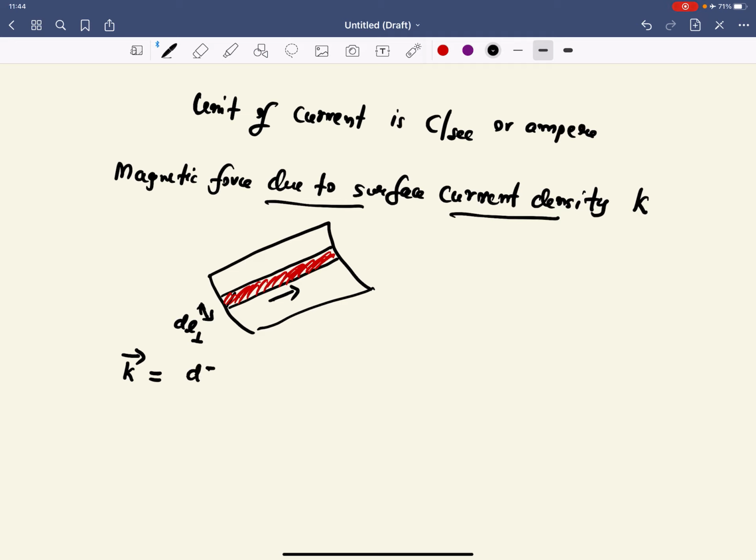This is nothing but di divided by the elemental length perpendicular to the flow, where the current is parallel to the flow. I can say this is nothing but current per unit width.